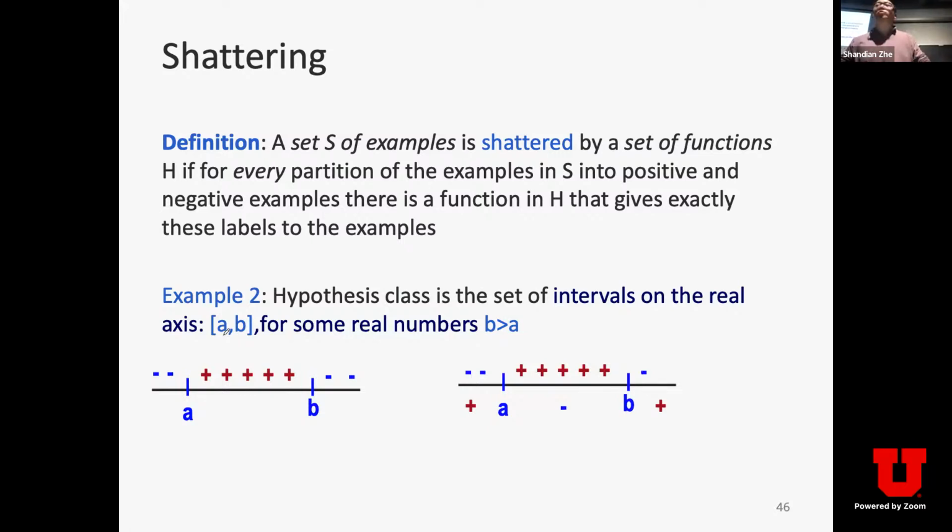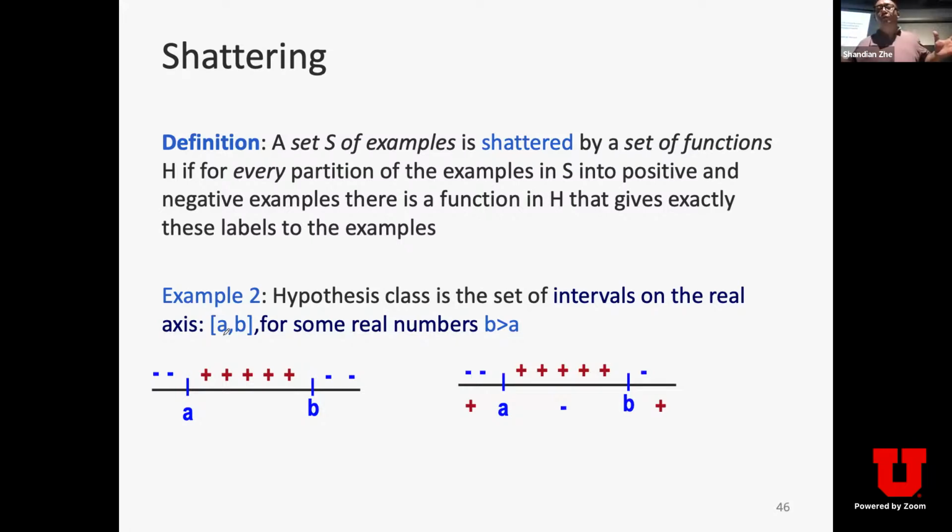How many possible labelings do we have? Three points, 2 to the 3, because for every point you have 2 possible labels. So with 3 points you get 2 to the 3 possible labelings, which is 8. And I'm not gonna enumerate all 8 labelings and check.